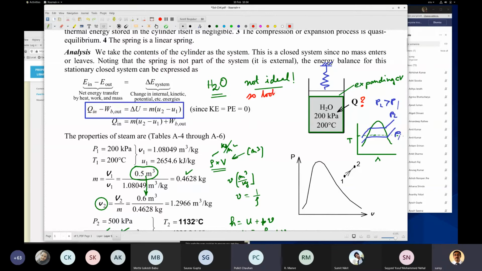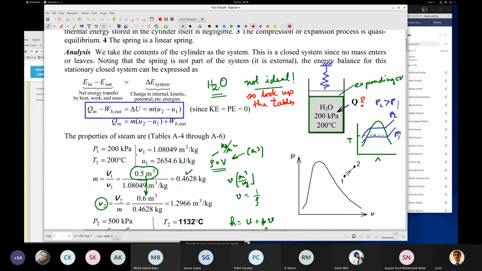Sir, I had this doubt in assignment. Look up the tables. Not ideal. Never use PV equal to RT for steam. Always you have to look up the table because it is real. It is not ideal. It's good that you have asked me because people make this mistake.